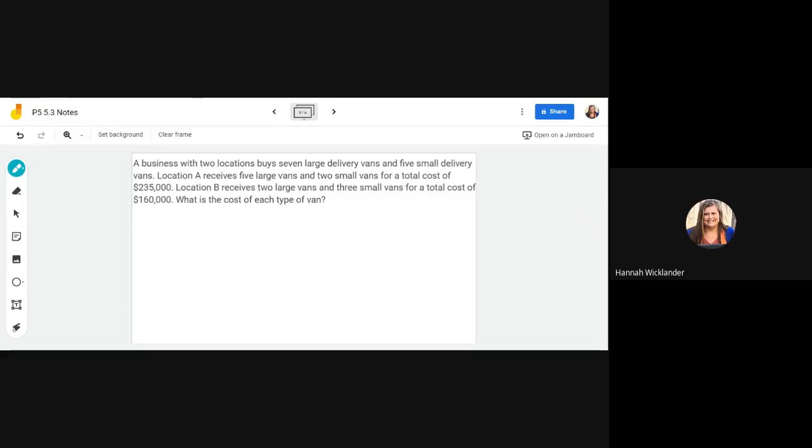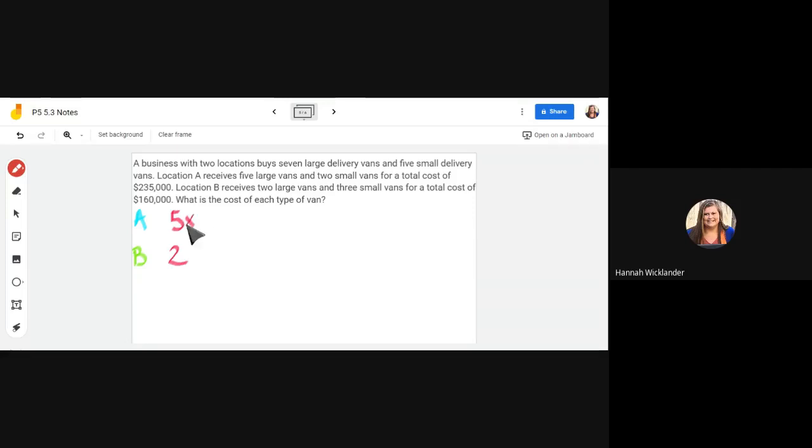So I'm going to do what I did with the story problem example from Monday, and create 2 equations. I'm going to do location A and location B. Location A received 5 large vans, and location B received 2 large vans.